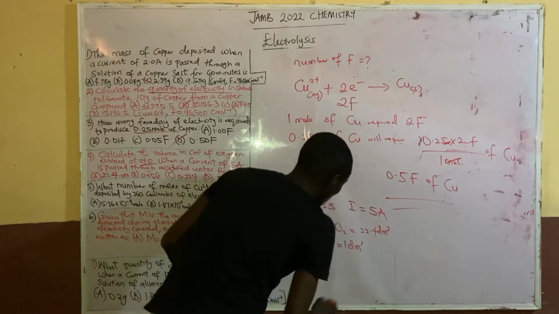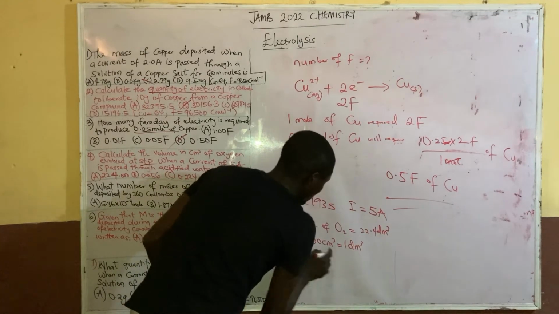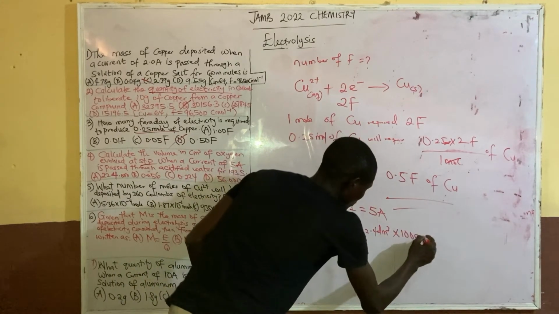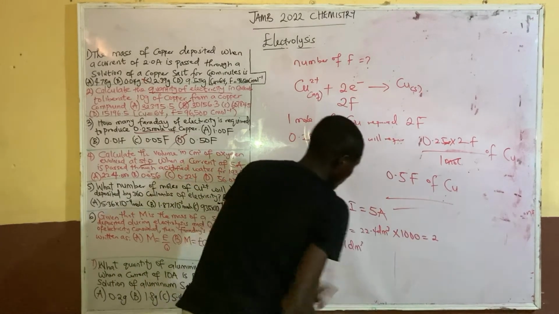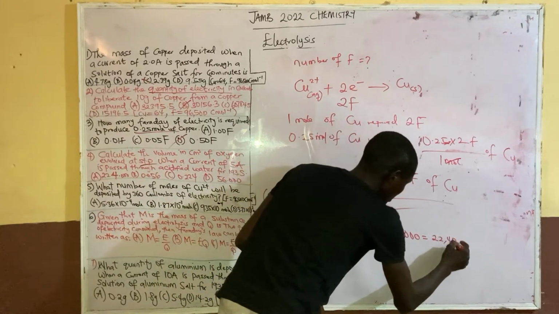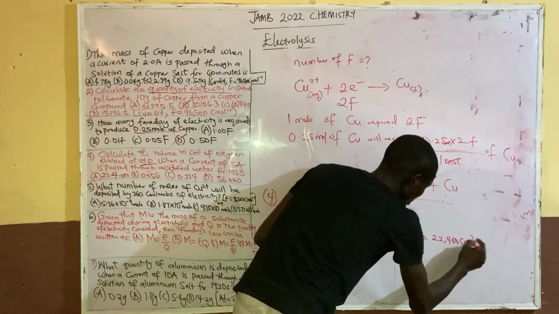So you just multiply this one by 1000, and it will give you 22,400 centimeter cube.